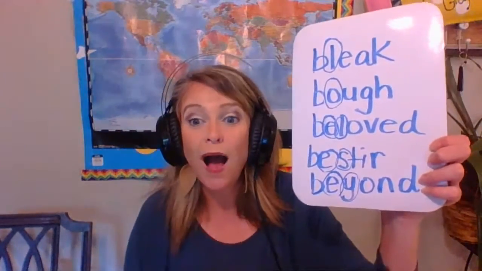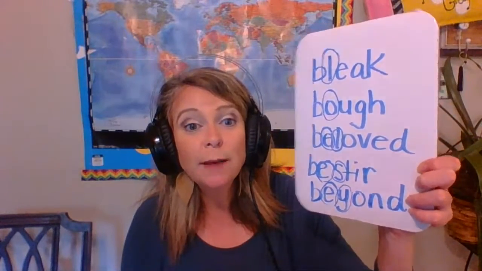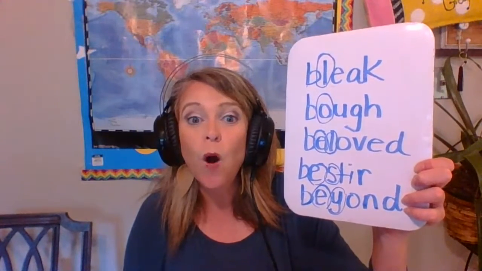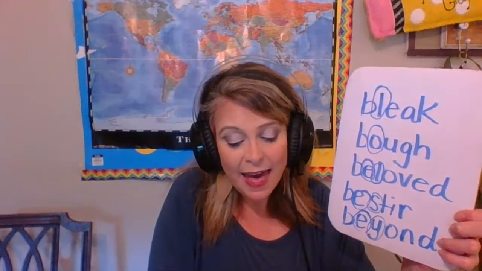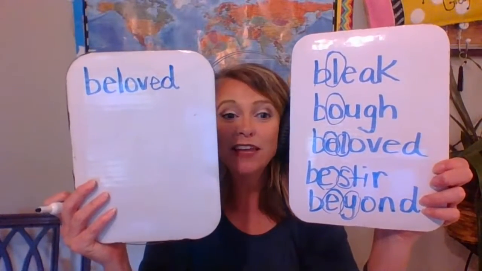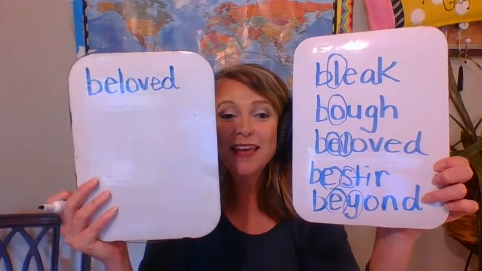This one is an L, this one has an S, and this one has a Y. Which one of those comes first? B-E-L, B-E-S, or B-E-Y? B-E-L. So the first word on our list would be beloved. Now we're done with this one.